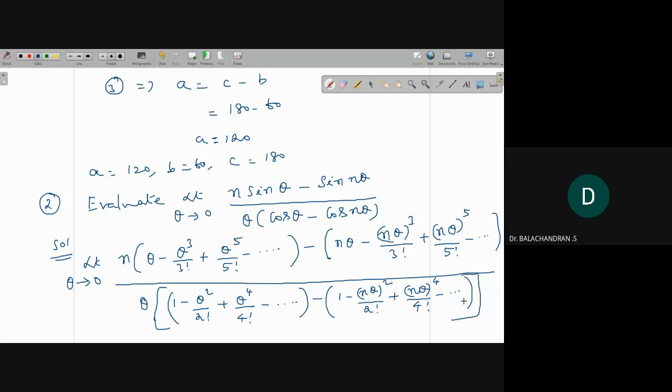Okay. Now multiply by n theta here. Can any one of you tell me what is in the numerator?